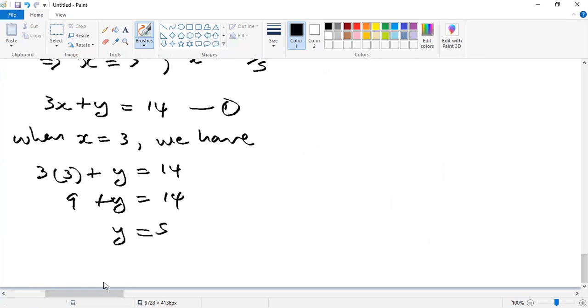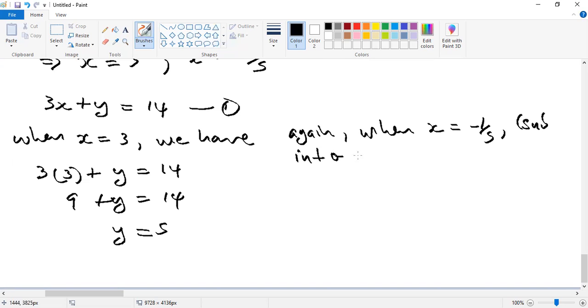So we need some space. Again, this time when x is equal to minus 1 over 5, and then if you want, say substitute into equation 1.